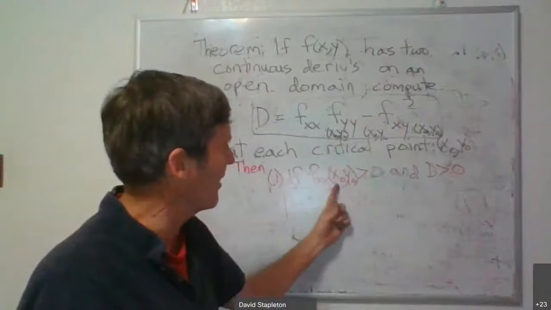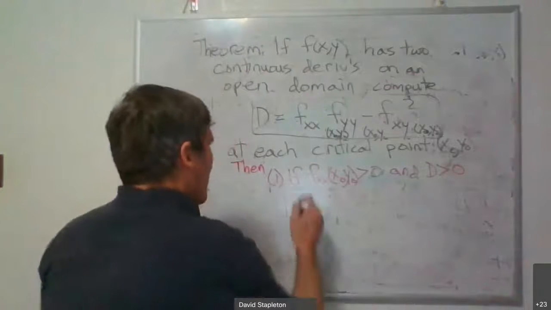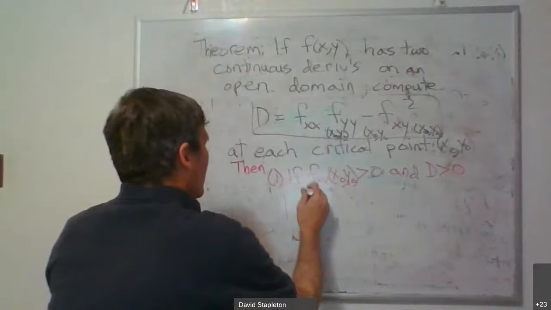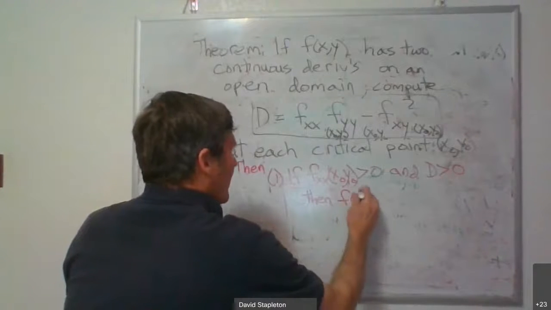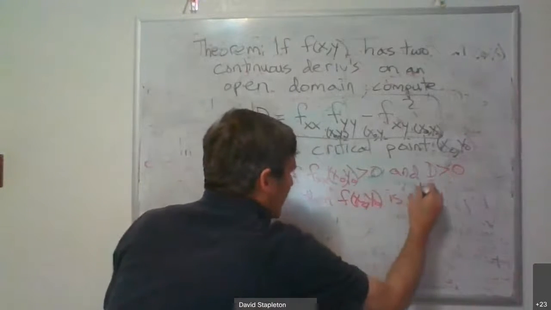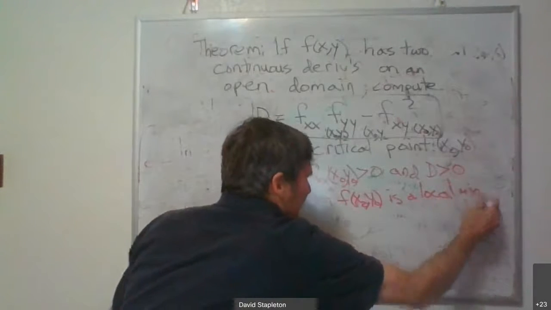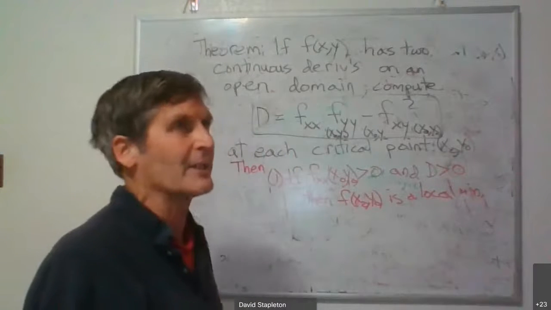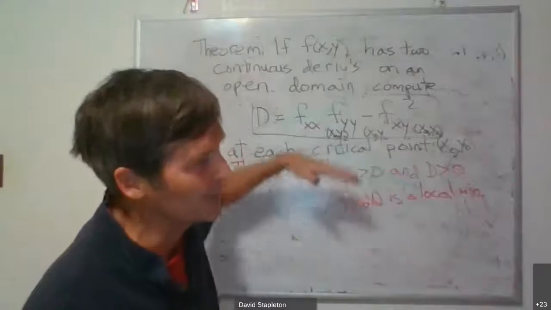Same thing here. If fxx is positive and D is positive, then f, the original function at x0, y0, is a local minimum. And it sounds counterintuitive for a second. In calculus 1, why would positive be a minimum? Well, positive means it's concave up, right? So it's bottoming out.